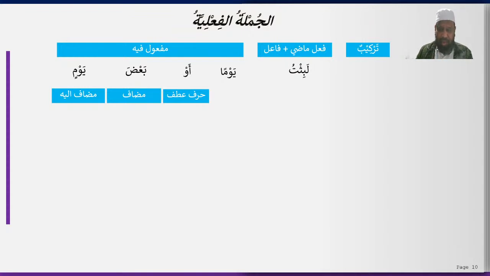So we can add another sub slot over here, معطوف عليه. You can add that as well, but as we know, واو حرف عطف, بعض مضاف, يوم مضاف إليه.